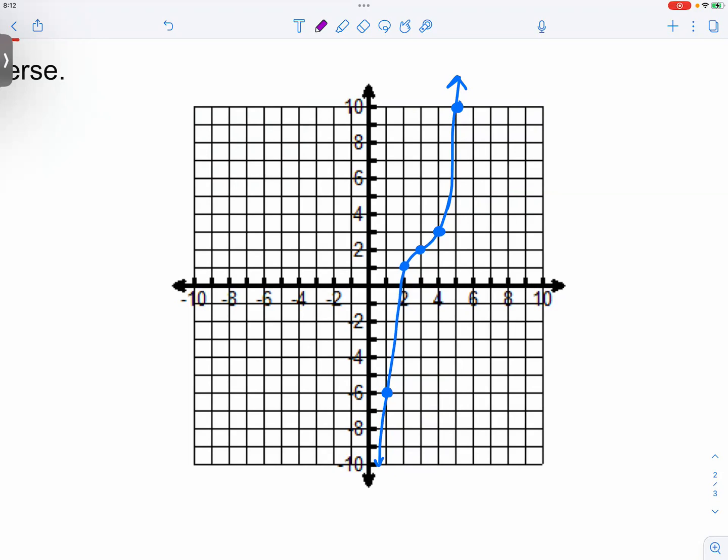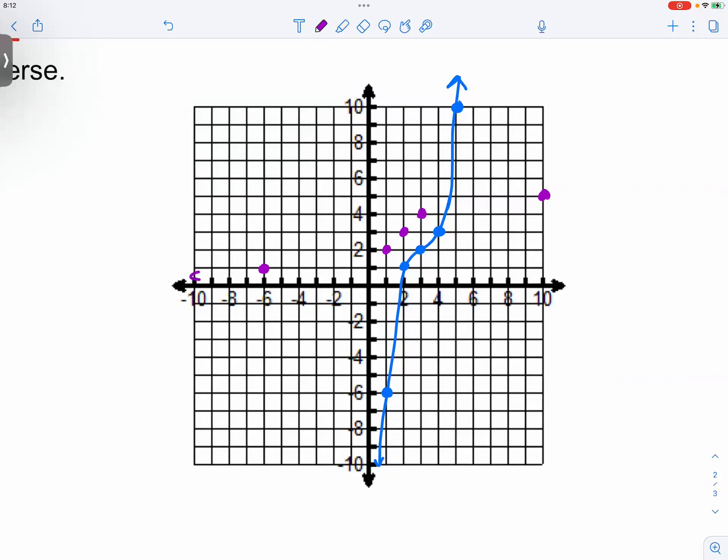5 comma 10 becomes 10 comma 5. 4 comma 3 becomes 3 comma 4. 3 comma 2 becomes 2 comma 3. 2 comma 1 becomes 1 comma 2. 1 comma negative 6 becomes negative 6 comma 1.